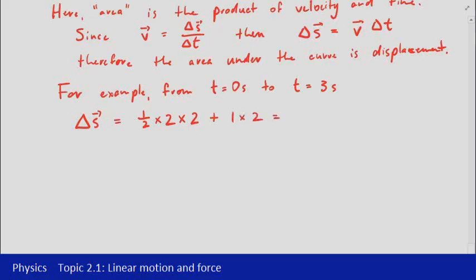And if we add those together, we would get that the answer there is 4 meters. Again, notice that that's a positive, and so that would mean that it's 4 meters forwards. So there's a quick example. We'll do a few more of those sorts of calculations in class, just to get you familiar with looking at that area under the curve idea.